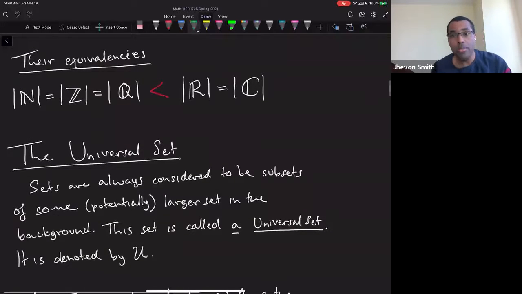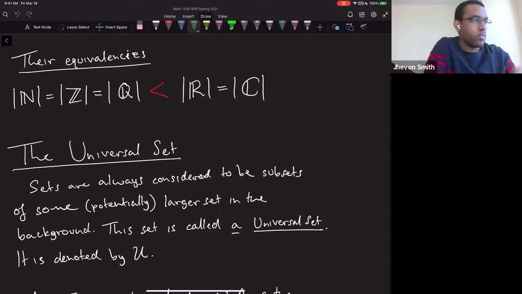All of these sets are infinite, but it turns out that some infinities are bigger than others. The first three, the natural numbers, the integers, and the rationals, all have the same number of elements, quote unquote, even though they have an infinite number of elements. This number is called Aleph Naught, by the way, a Hebrew letter. And the real numbers have more elements than all of these sets, even though it's also infinity. The complex numbers have the same amount of numbers as the real numbers.